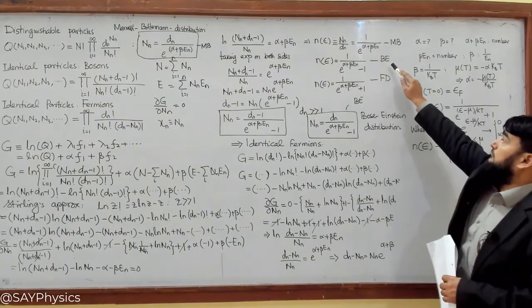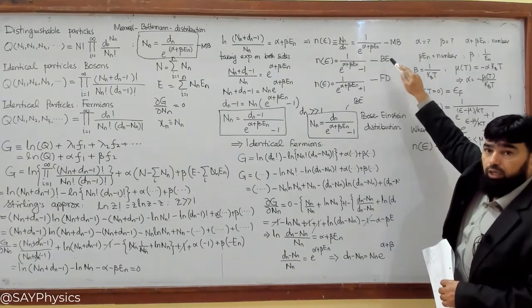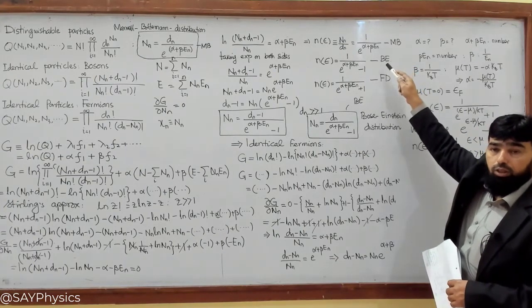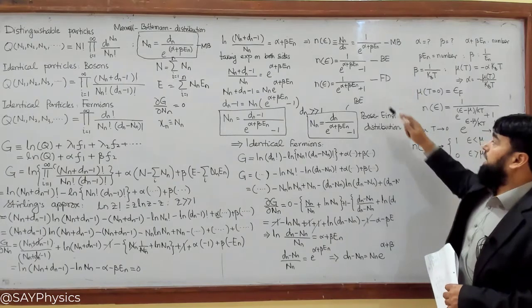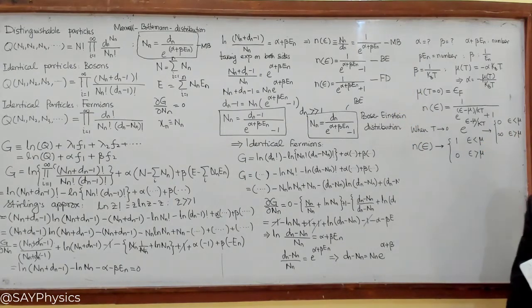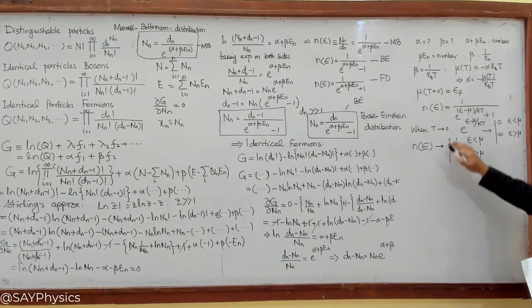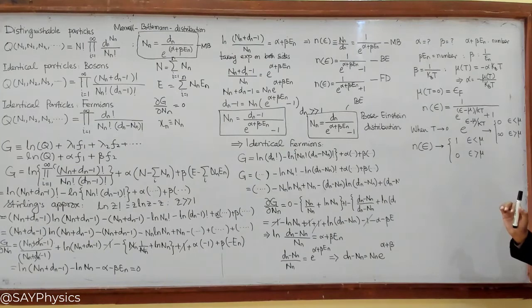So the Bose-Einstein distribution applies to photons, helium-4 means the helium atom, they are bosons. While the Fermi-Dirac statistics applies to half integral particles. Okay, this one is fine that these limitations are there.